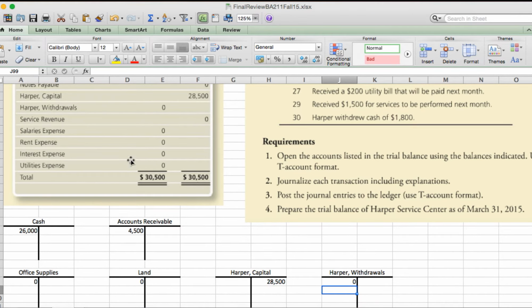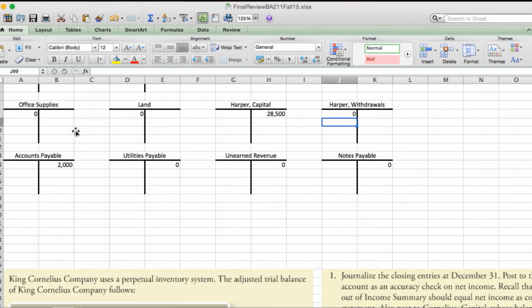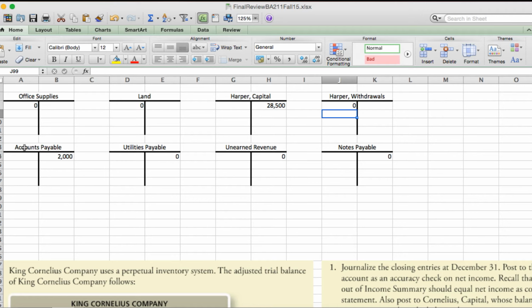Then we have these temporary accounts, with withdrawals being one of them, but the revenue and expenses, so all the ones that are going to go into the income statement, which we'll fill in when we go through the journal entries. But we've got all with 0 balances right now, but that's going to change.